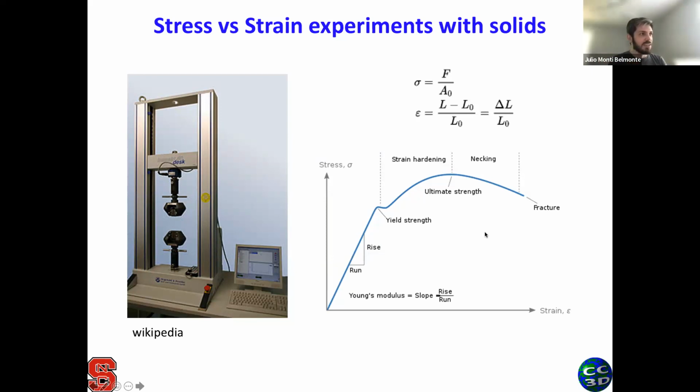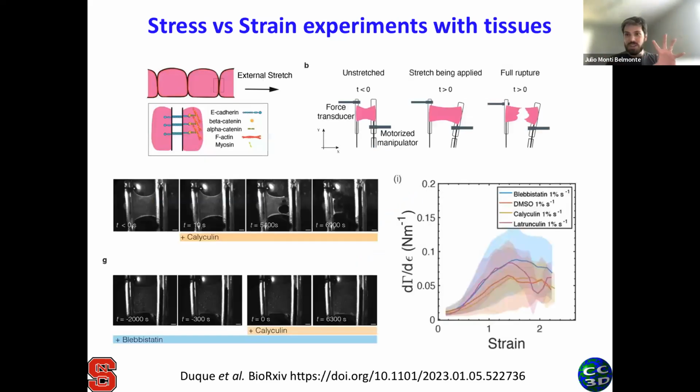And then you can ask, okay, what does this have to do with biology and cells and tissues? It's because recently a lot of people recognize that cells act as a complex material. So there is new research being done in this area to make the same kind of measurements, or infer the same kind of properties, for cells and tissues.